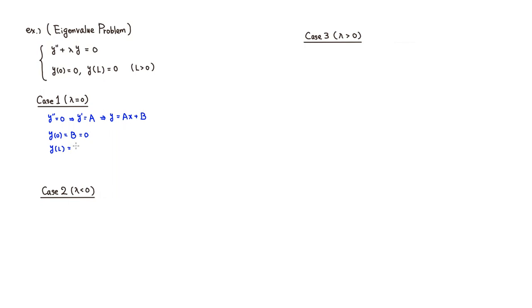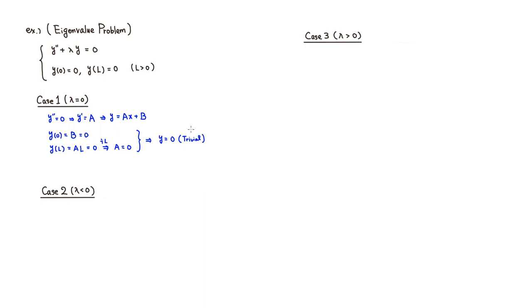It's just a times L, and this has to be equal to 0. We can simply divide through by L, since L is a positive constant, so you end up getting a equal to 0. So a is 0, b is 0, and the only solution you have is y equal to 0. This is a trivial solution.